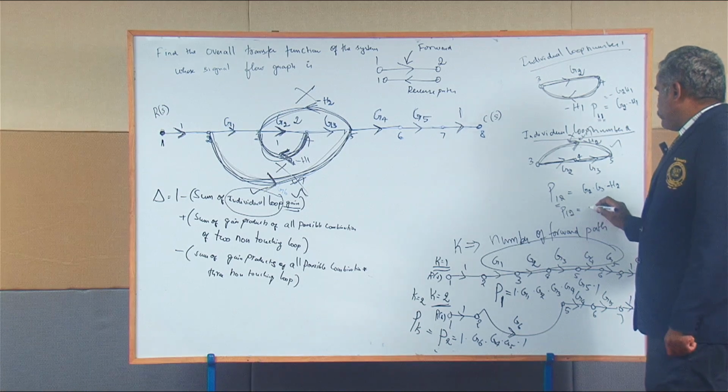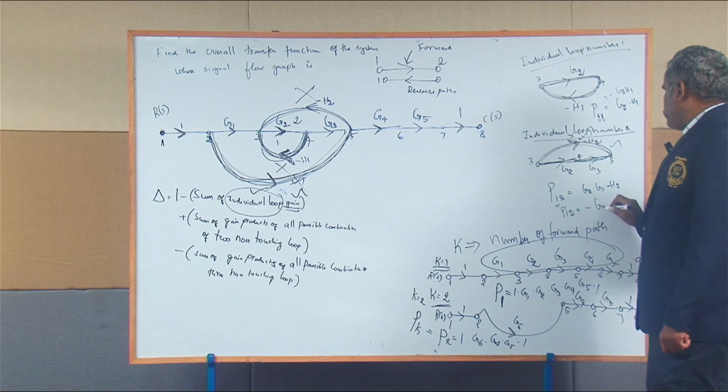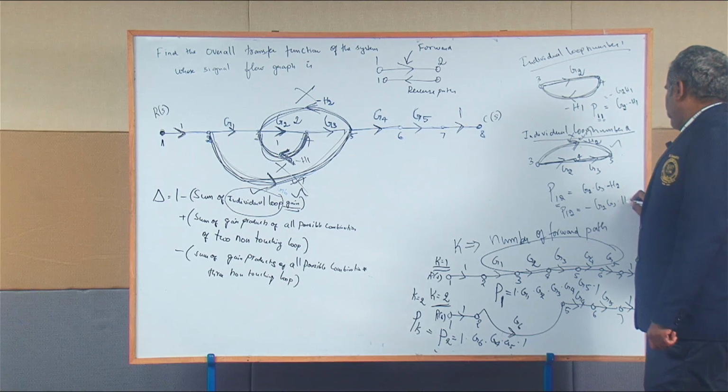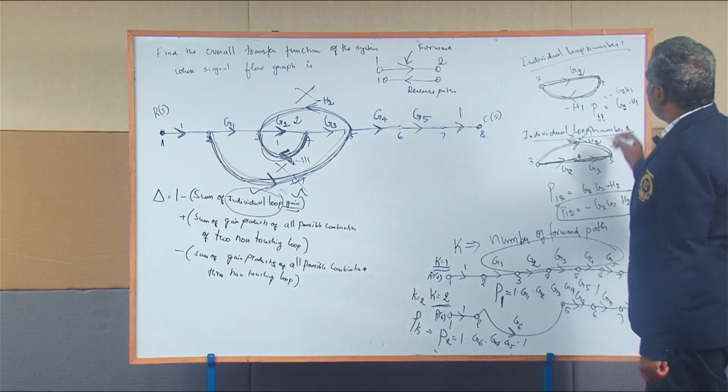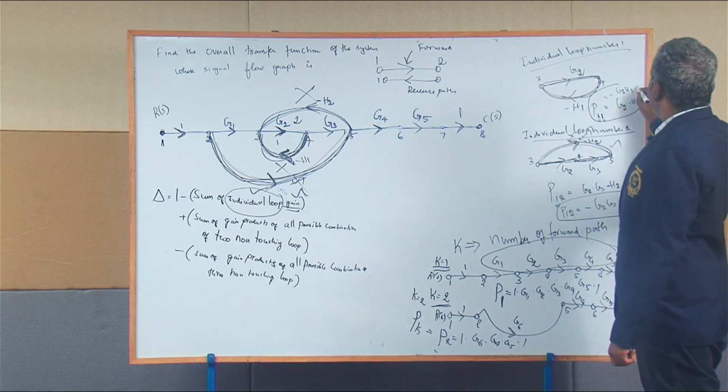Then P12 is equal to minus G2 G3 H2. So this is the second gain value of individual loop, and this is the first gain value of individual loop.